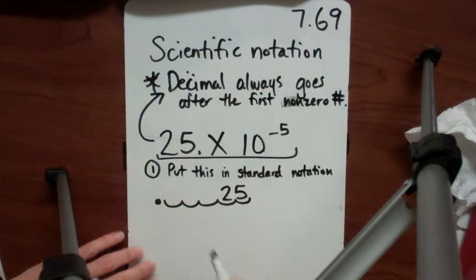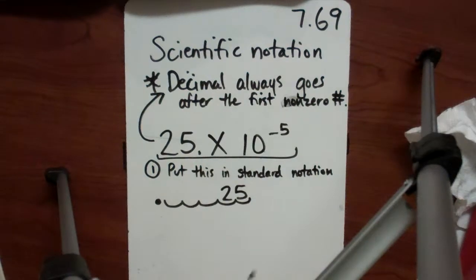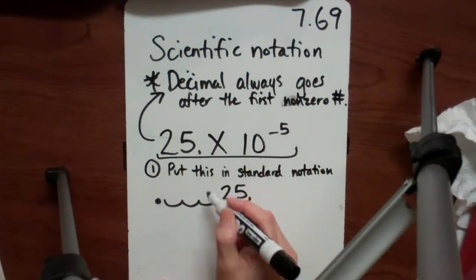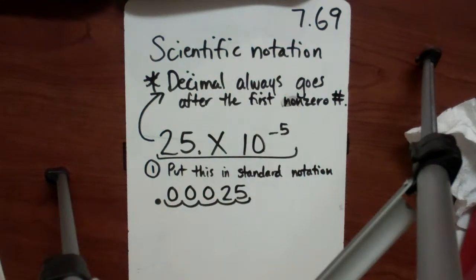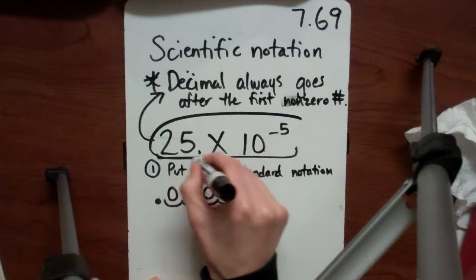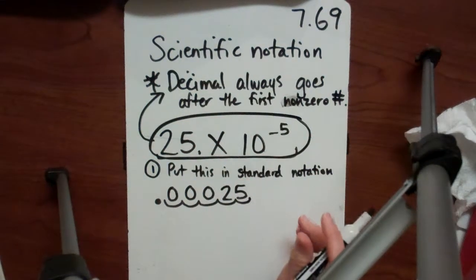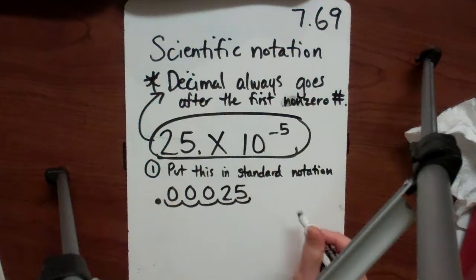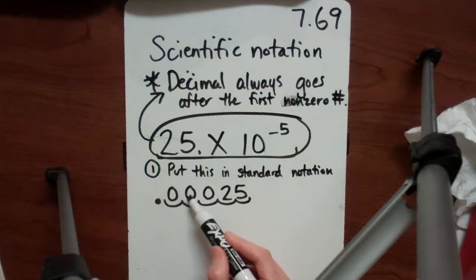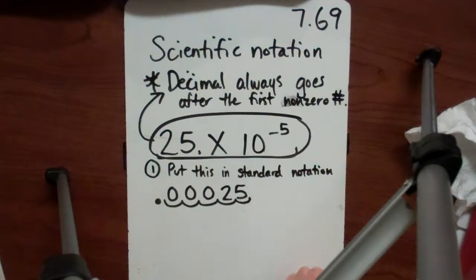And I'm going to put my decimal there. And hopefully you remember that we will just fill in these with zeros. So this right here, put into standard notation, is 0.00025.